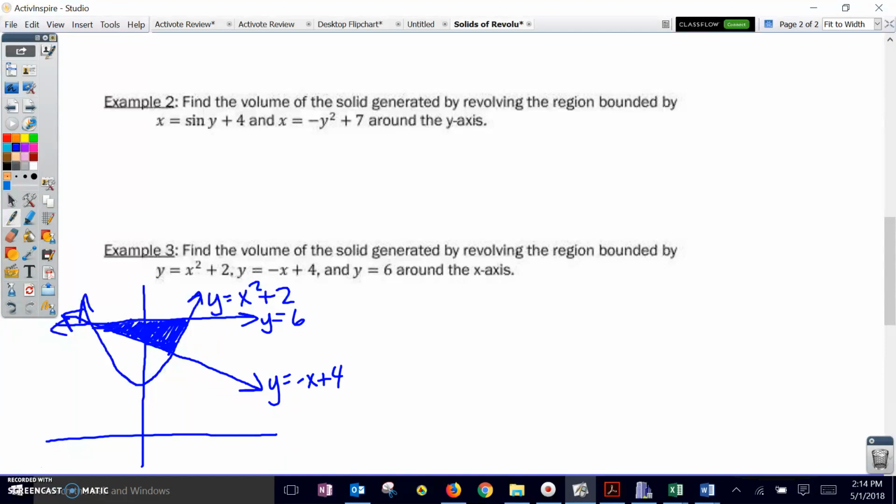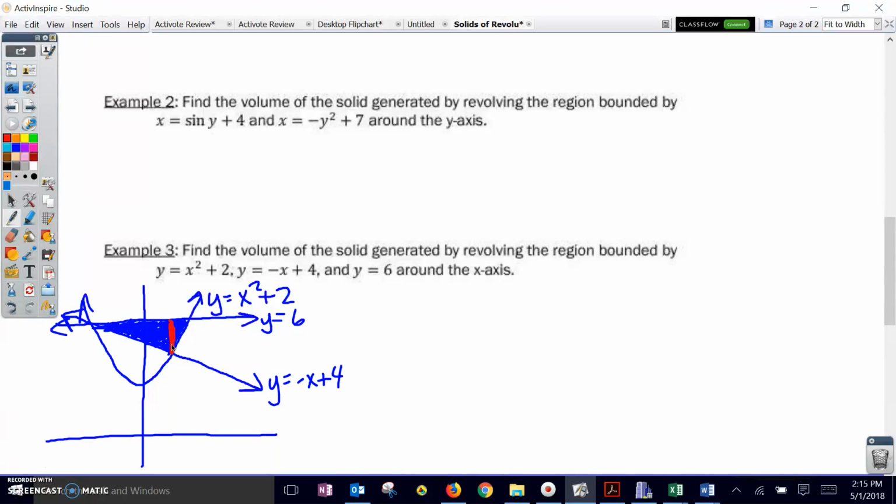Now what makes this example different from all the examples that we've had before is that if you look at this region as we go from left to right, it starts out with the line y equals 6 and the line y equals negative x plus 4 as the outer and inner boundaries of the region. But we get across here to right where this red line is, and then the lower boundary of the region changes.